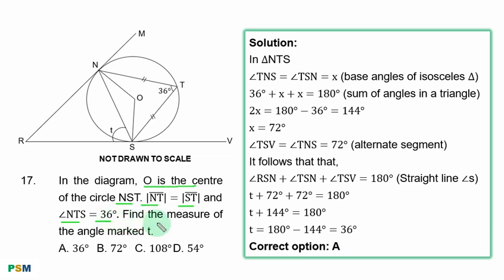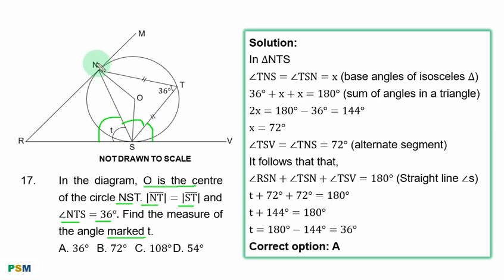Find the measure of the angle marked T, that is this angle. To get T, we need this angle and add the three angles on the straight line.